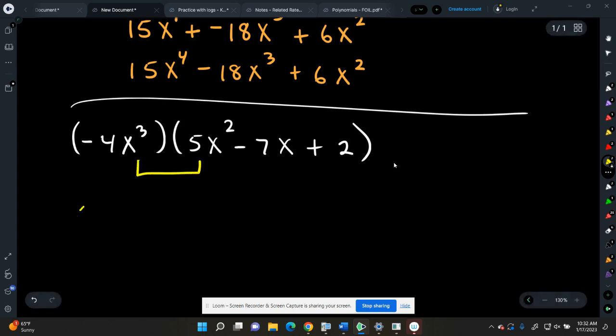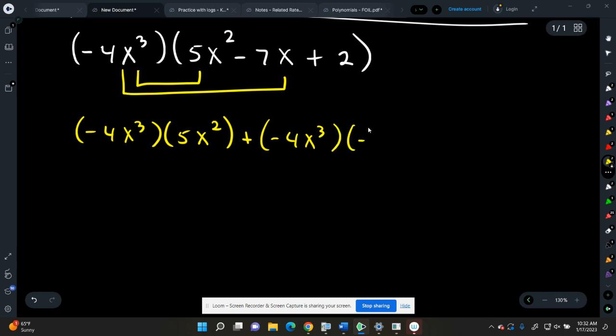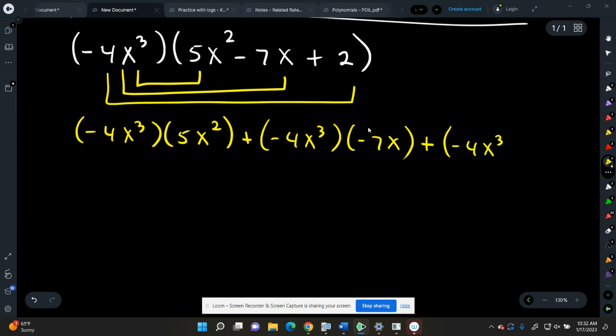So we have negative 4x to the third times positive 5x squared, plus negative 4x to the third times negative 7x, plus negative 4x to the third times 2.